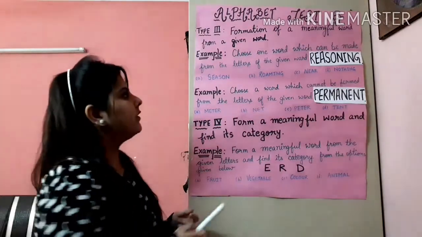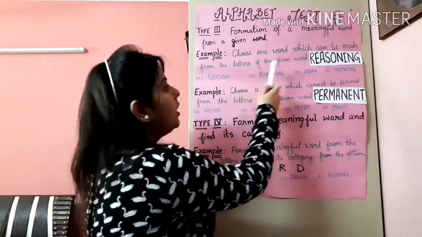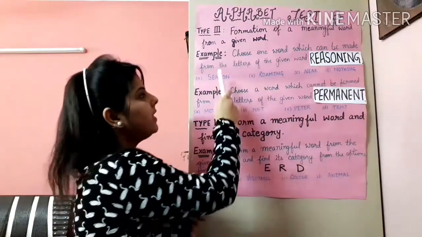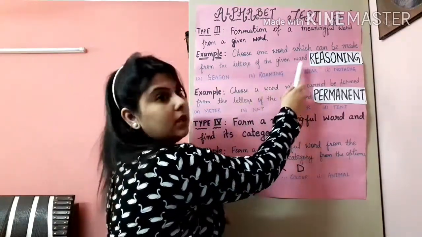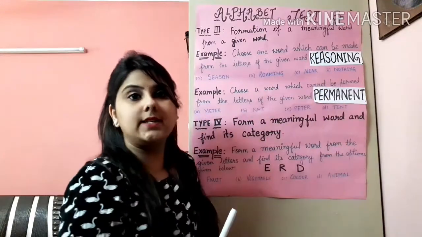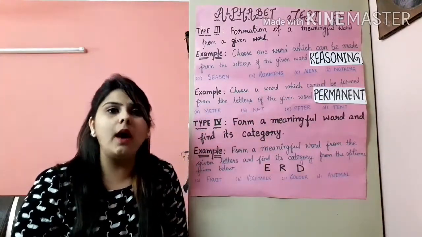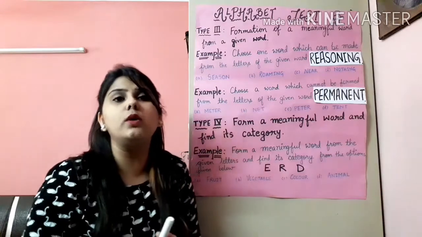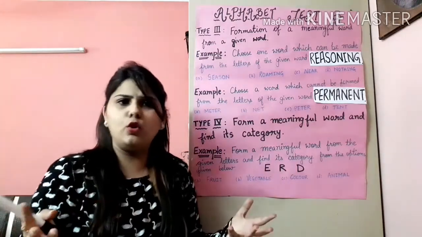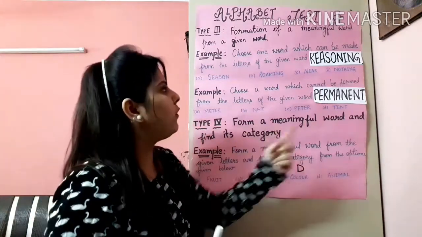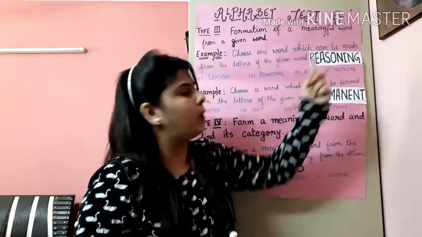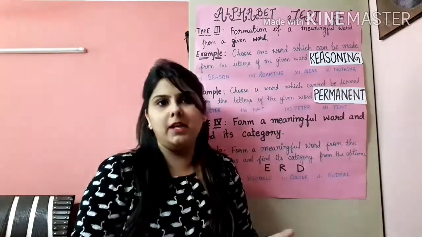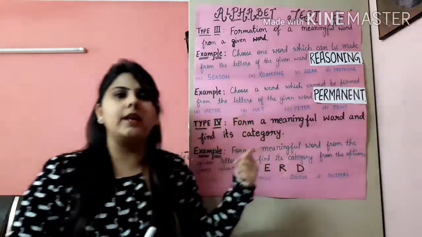In this category, you have to choose one word which can be made from the letters of the given word. The word given to you is reasoning. So now you have to see which word you can find. As you know, a number of words can be formed. One can be reason, one can be sun, and many more. But we need to look at our options.